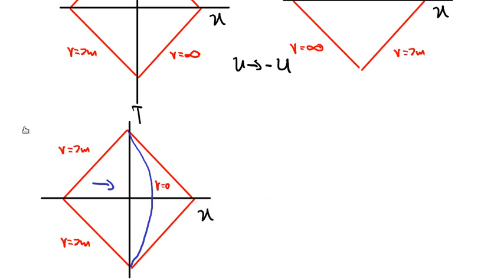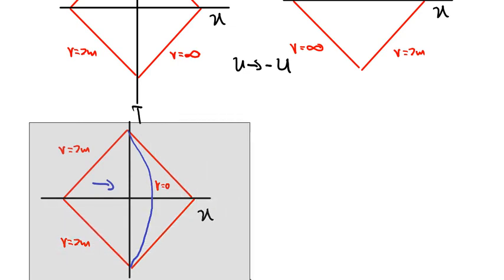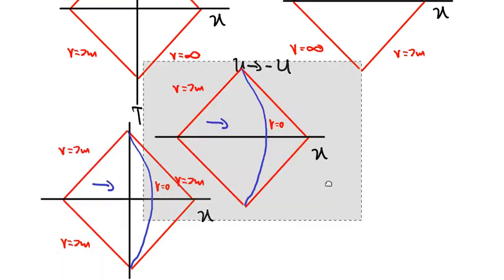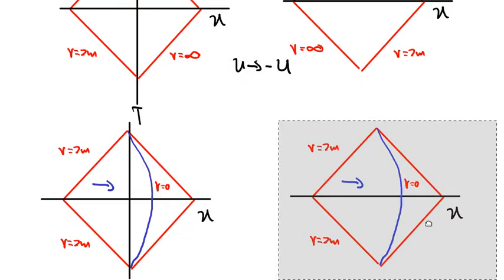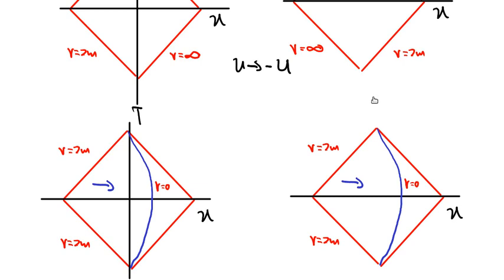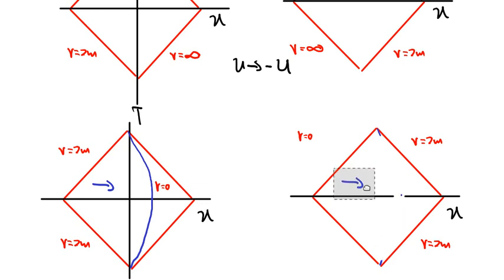Here, in this case, I have to do this. Now time orientation does change, and I have to redraw the r equals 0 set.